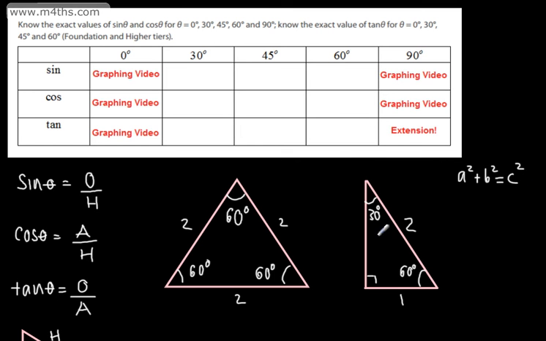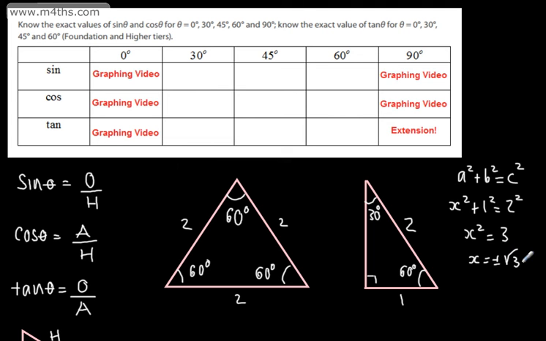So I'll call this length x for now: x squared plus 1 squared will be equal to 2 squared. So x squared will be equal to 2 squared minus 1 squared, which gives me 3, and x will be equal to plus or minus the square root of 3.